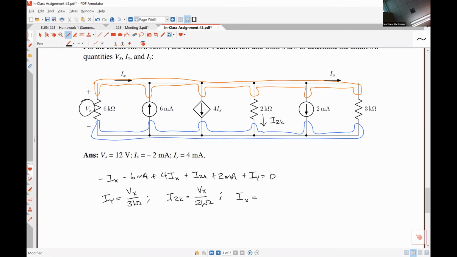So negative Ix would be defined as Vx over 6 kilo ohms. So Ix must be negative Vx divided by 6 kilo ohms. Does everyone understand what I did there and why this extra negative sign has shown up here?